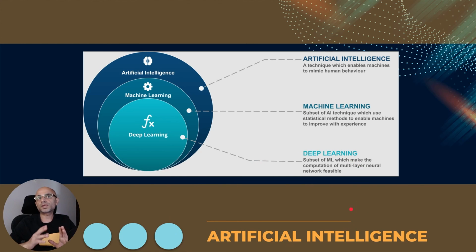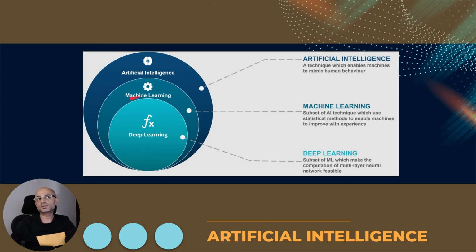So there are some cases where you are trying to mimic human behavior without using ML also. With ML and also without ML, how we can try to mimic this human behavior and enable the machines, that is the artificial intelligence area. So artificial intelligence is the outer layer.